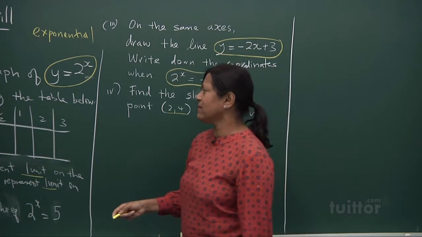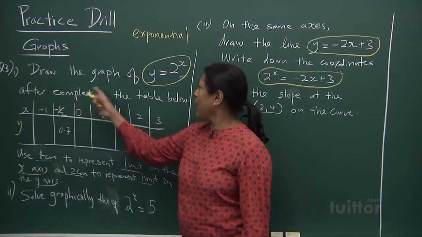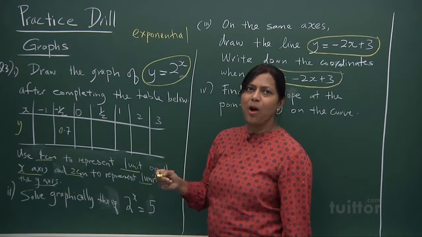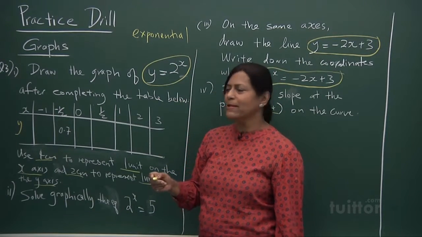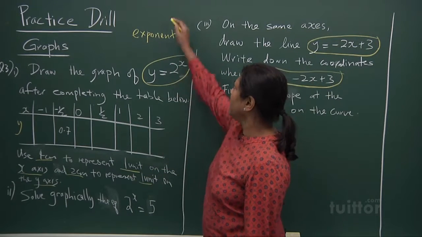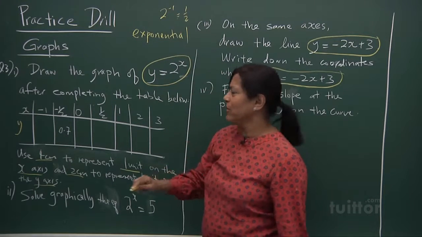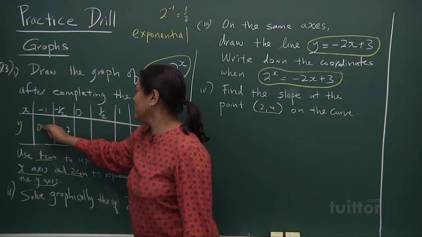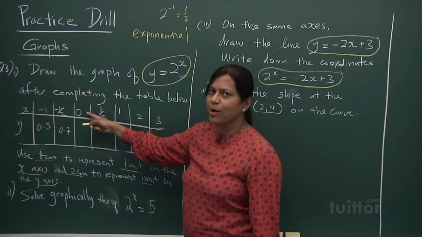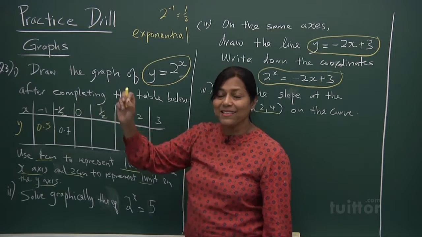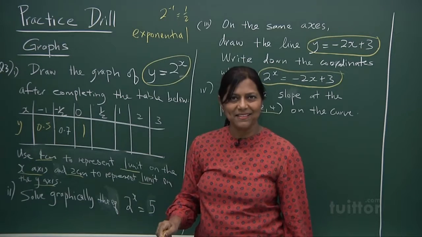Now, when x is minus 1, 2 to the power of minus 1, that's where you apply the laws of indices. 2 to the power of minus 1 is 1 upon 2, so that's a half, which is 0.5. 2 to the power of 0, the laws of indices tell you any number to the power of 0 will be 1.